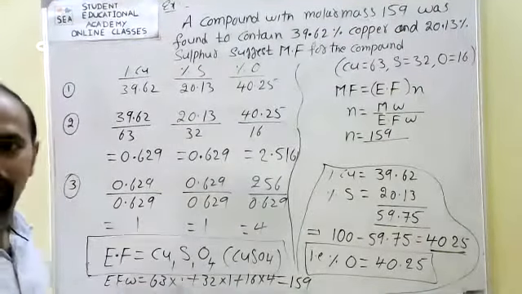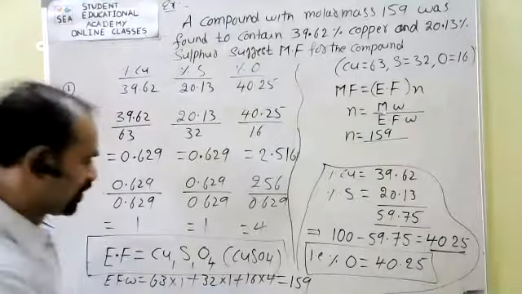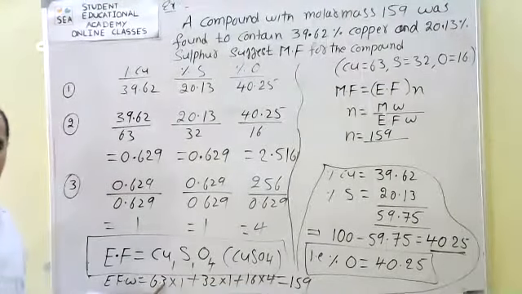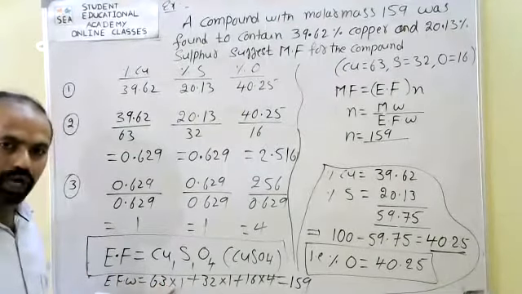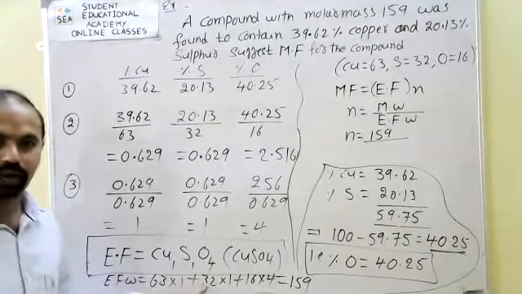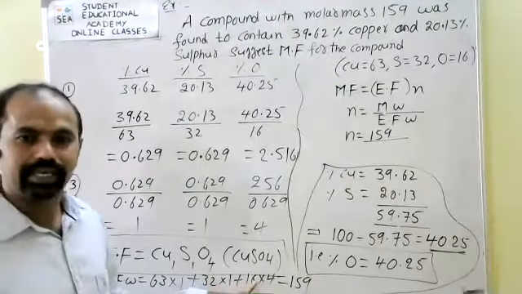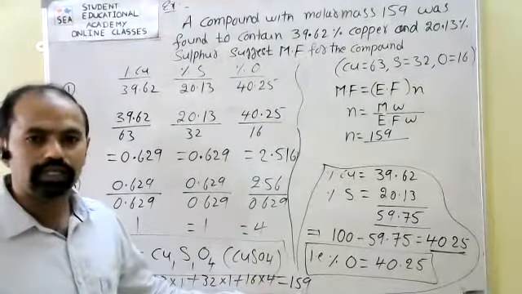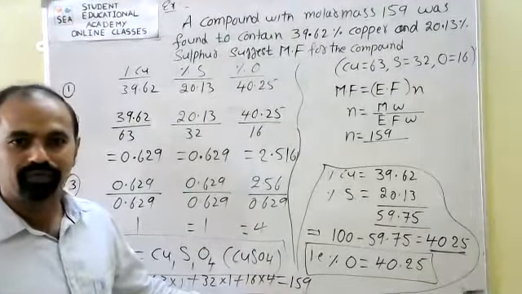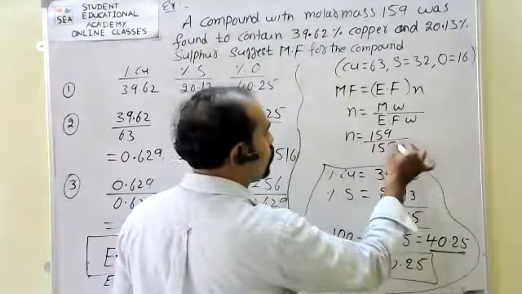The empirical formula weight, what do we get here? Exactly 159. See, copper atomic mass 63 into 1 copper only, sulfur atomic mass 32, number of sulfurs 1 only, plus 16, atomic mass of oxygen, into number of oxygens 4. The total sum, what do we get here? 159. So empirical formula weight is also 159.